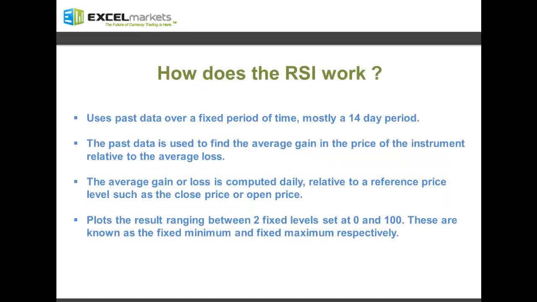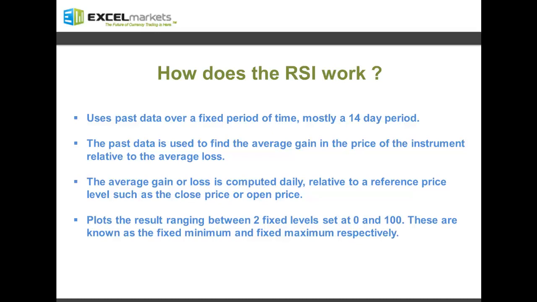Let's now discuss how the RSI indicator works. RSI uses the past data over a fixed period of time, mostly a 14-day period, to find the average gain in the price of a financial instrument relative to the average loss over the same period.